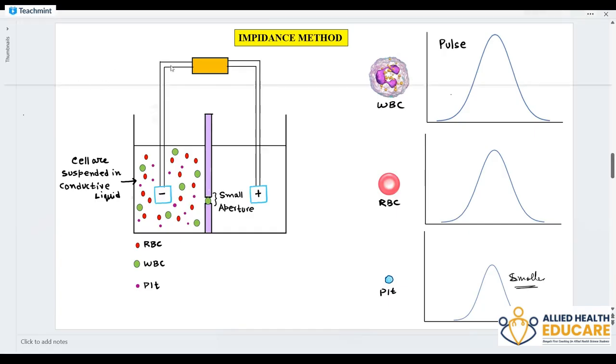The machine mixes the aspirated blood with the conductive liquid and introduces it into a counting chamber. Let's suppose this is the counting chamber.